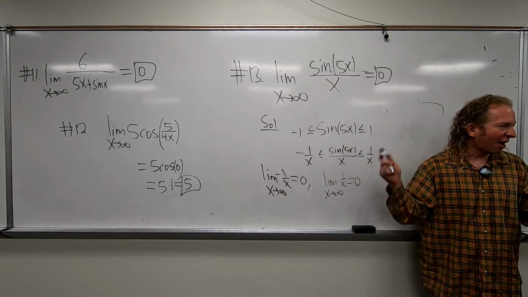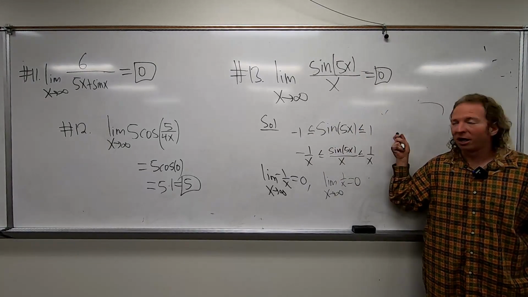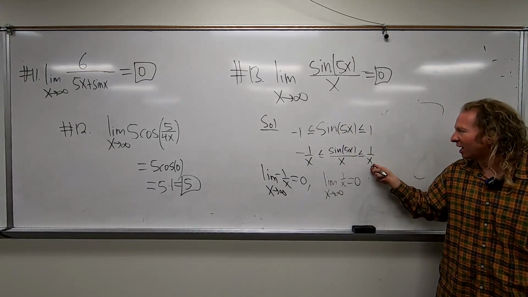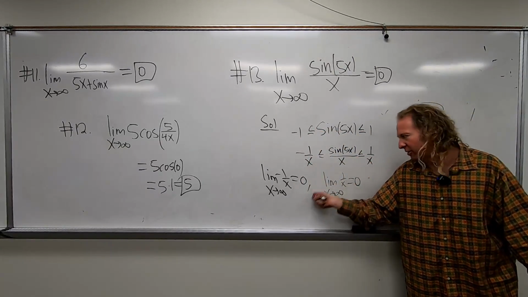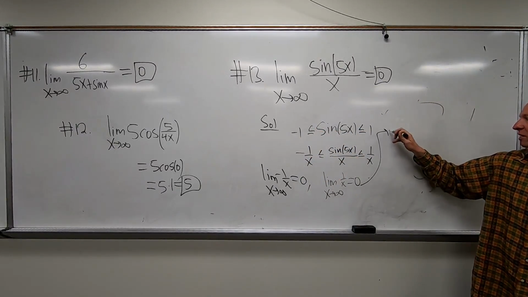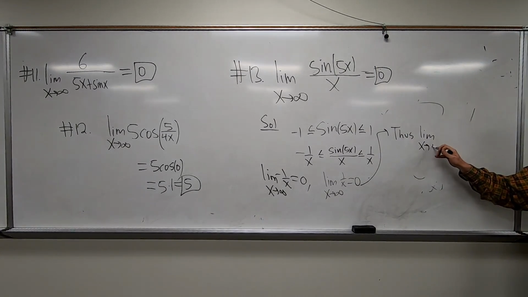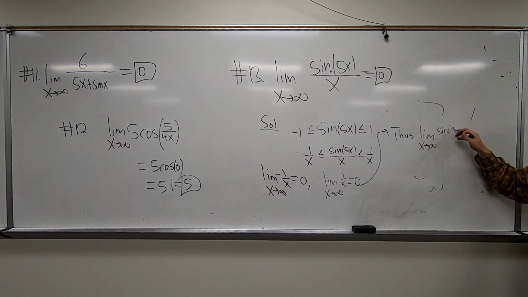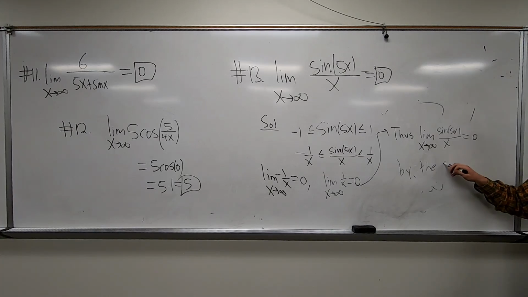I don't have sine in this problem, I have sine of 5x over x, so you divide everything by x. You take this limit, you get 0. You take this limit, you get 0. So thus, the limit of whatever's in the middle is also equal to 0 by the squeeze theorem.